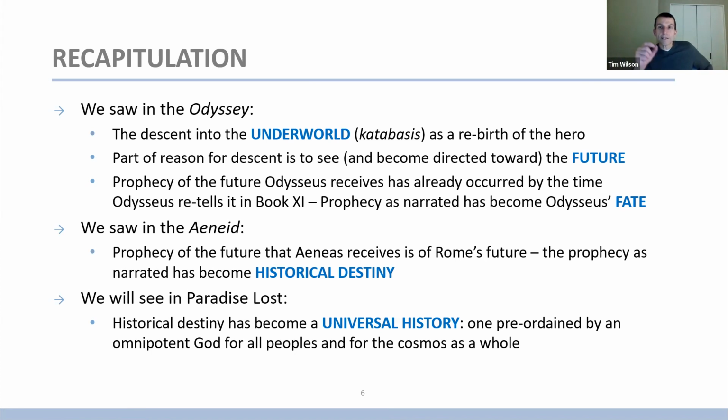So you get these descents into the underworld in the Odyssey and in the Aeneid, but they're momentary, right? They're usually in the middle, and they occur for a portion of one book, right, as opposed to the whole. So we get several books in the underworld of Milton, right, in hell.